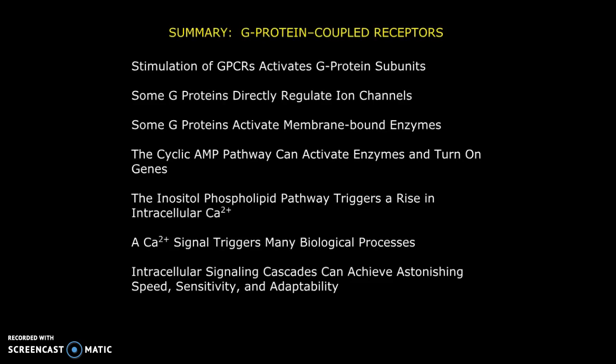Another pathway we looked at was the PKC pathway. Just to remind you, that was that the activated G alpha subunit caused the inositol phospholipid to be cut. The diacylglycerol and IP3 were separated.